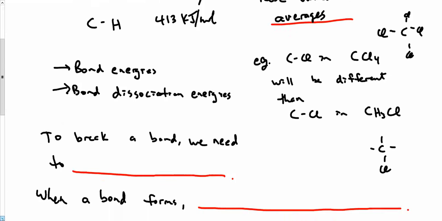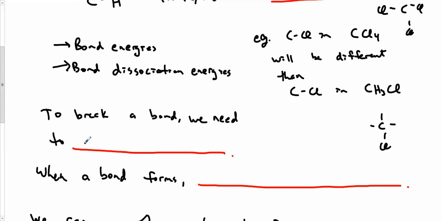Now, to break a bond, we need to add energy, and when bonds form, we release energy. If I'm talking about the CCl bond, to break it I have to put energy in, so it's a positive value, and when a CCl bond forms, energy is released, so it's a negative value.